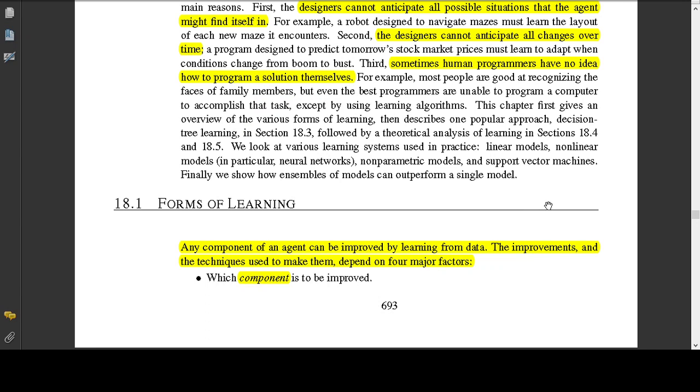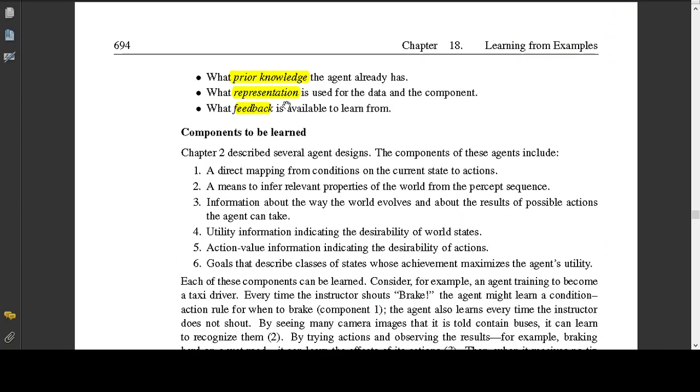One is which component is to be improved, and what prior knowledge the agent already has, the level of training the agent has. Then what representation is used for data and the component, the data representation methods, and what feedback is available to learn from.